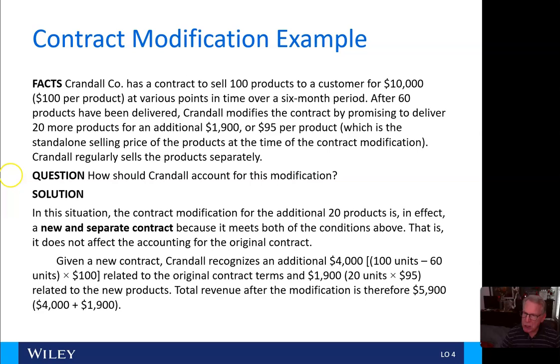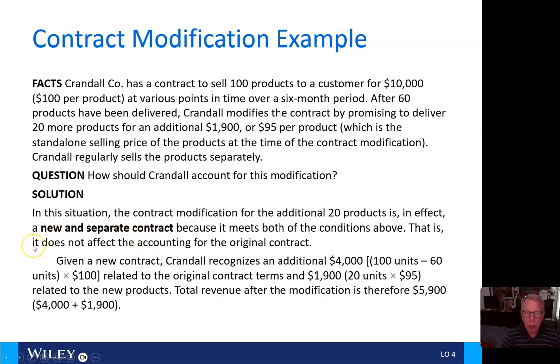In this situation, the contract modification for an additional 20 units is, in effect, a new and separate contract because it meets both the conditions above. That is, it does not affect the accounting of the original contract. So given the new contract, Crandall recognizes an additional $4,000.